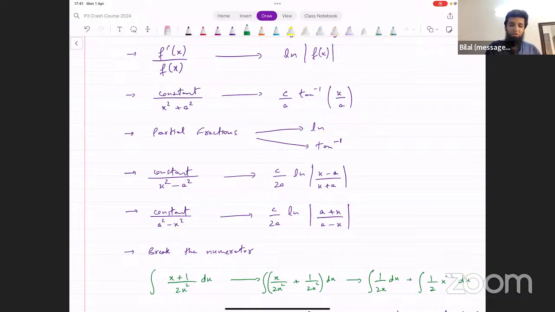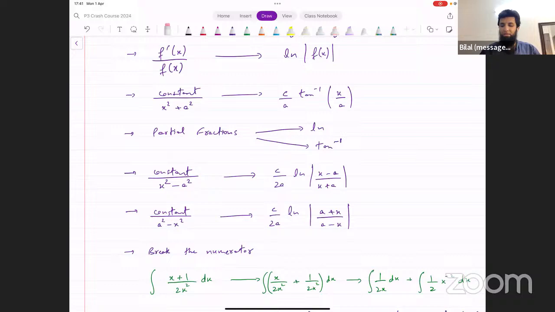Then we have talked about those two other forms of partial fractions that are given in the formula sheet already. When you have x squared minus a squared or a squared minus x squared in the denominator, they can be integrated directly to these forms. And then you can break the numerator, you can split the numerator. Sometimes if you have something like this, for instance, x plus 1 over 2x squared.